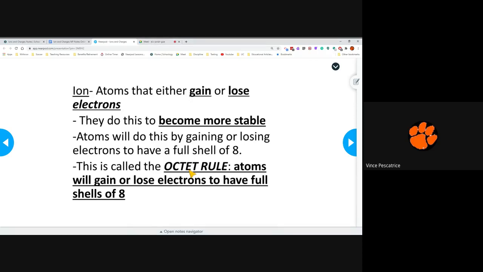So that's an easy way to remember that atoms will either gain or lose electrons to get full shells of 8. So what you should be thinking is, that's weird. How would you lose electrons and get to 8? We're going to get into that in a minute.